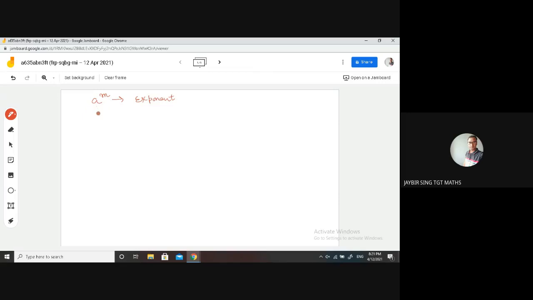Here a is called base and m is called its power. Now we have laws of exponents.